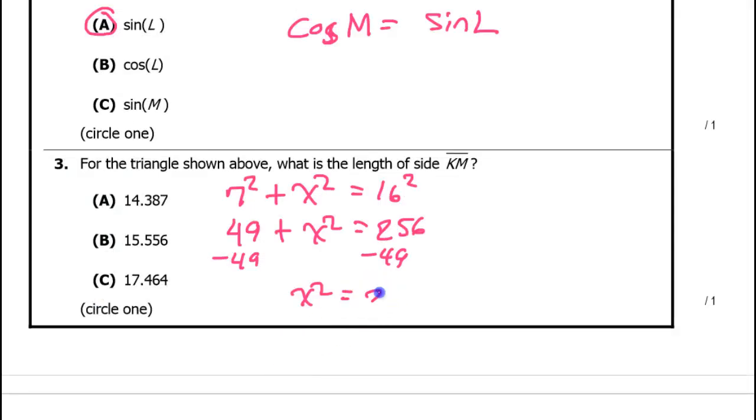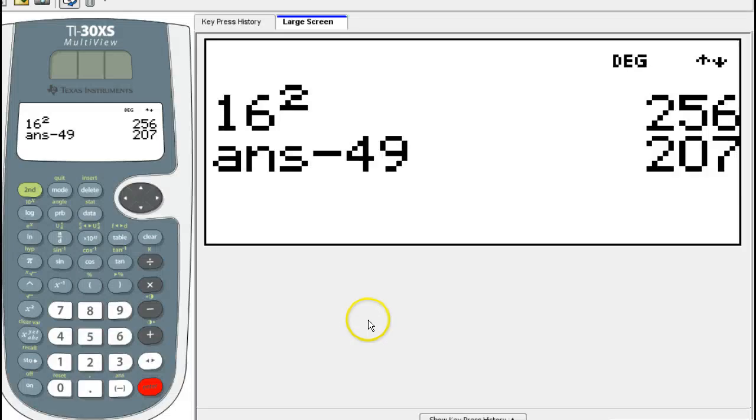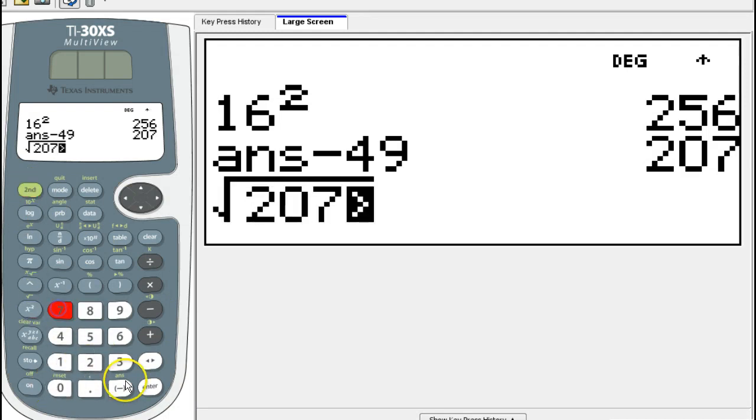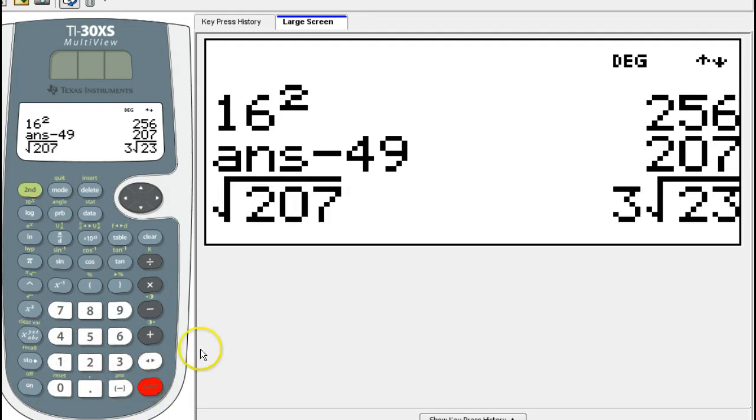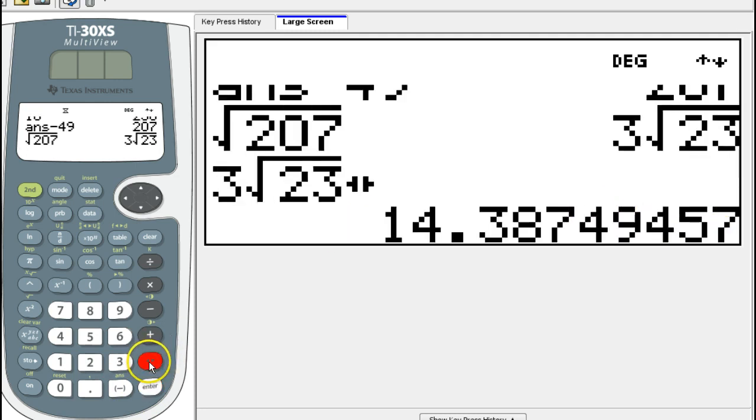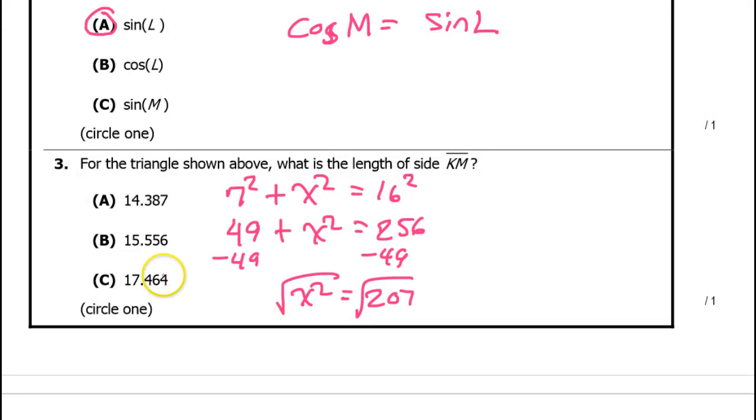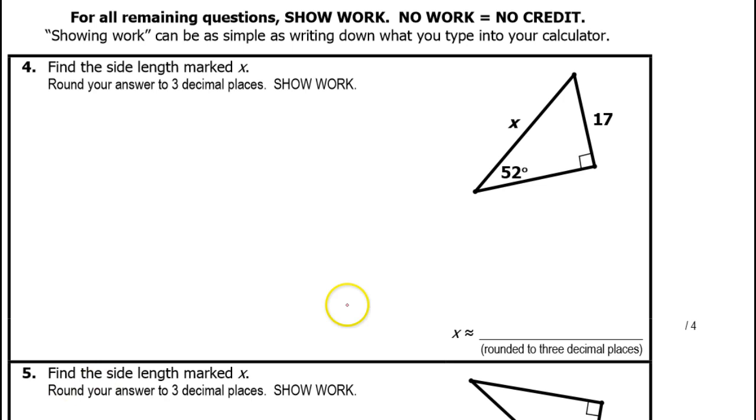So that's 207. Take the square root of both sides. Whenever you take the square root and you get a radical like this, just hit this button. So 14.387, which is A.